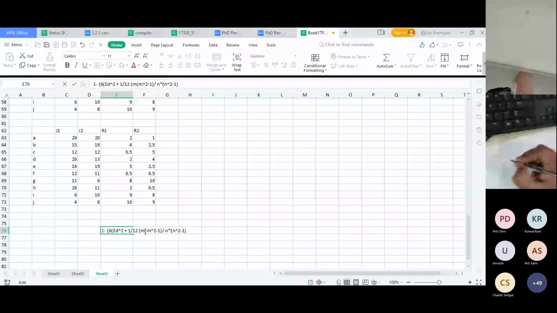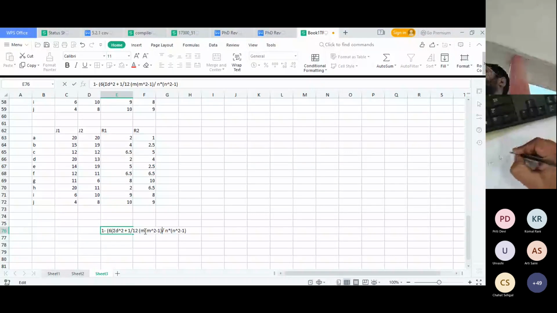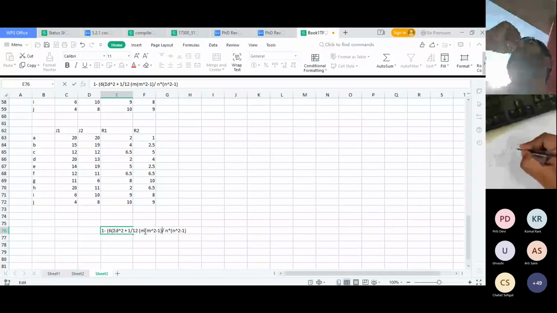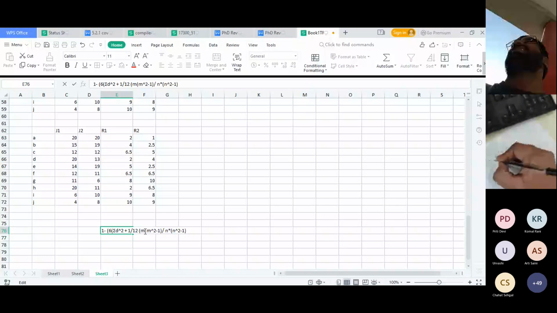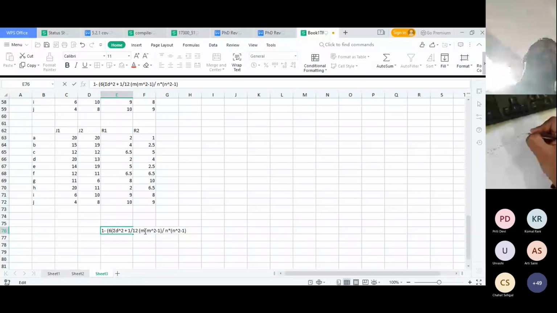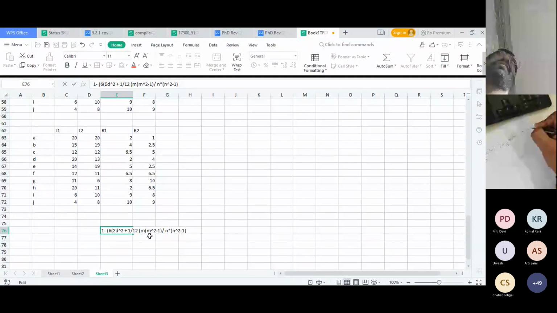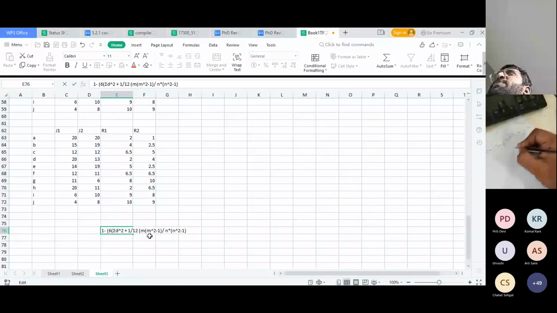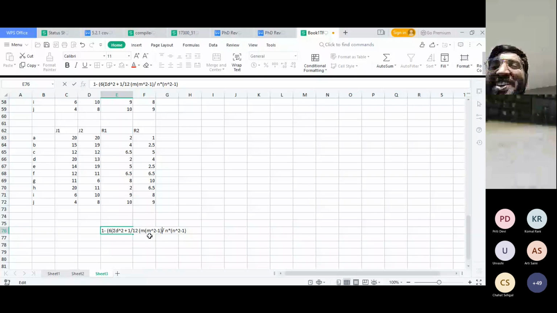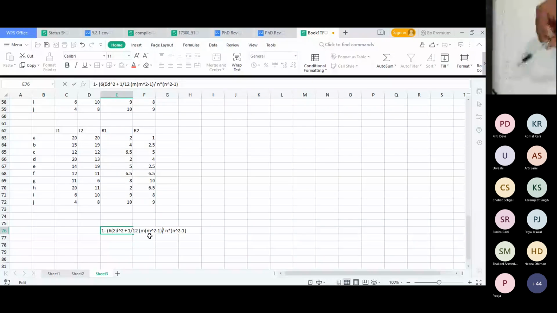So R is equal to 1 minus 6 summation d square plus 1 by 12 into m1 into m1 square minus 1, plus 1 by 12 into m2 square minus 1, plus 1 by 12 m3 into m3 square minus 1 and so on, divided by n into n square minus 1. So that is the formula for the Spearman rank correlation in case of a clash in the ranks.